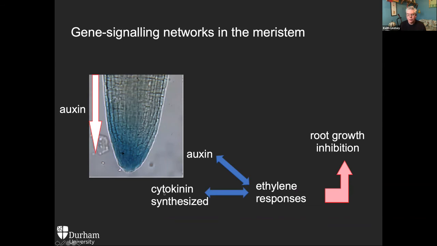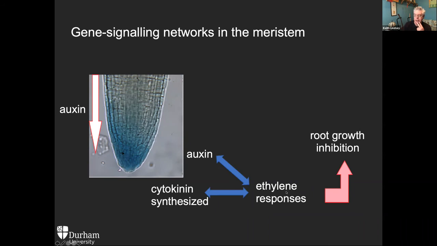There are other hormones that also affect the development of the root, whether it's maintaining or disrupting the identity of the stem cells or just regulating the division. So one is auxin, another is called cytokinin, another is ethylene. And these hormones also interact with each other.